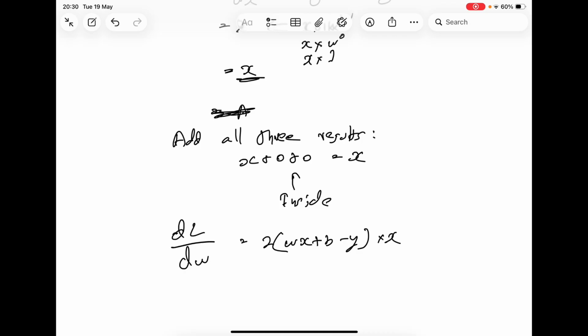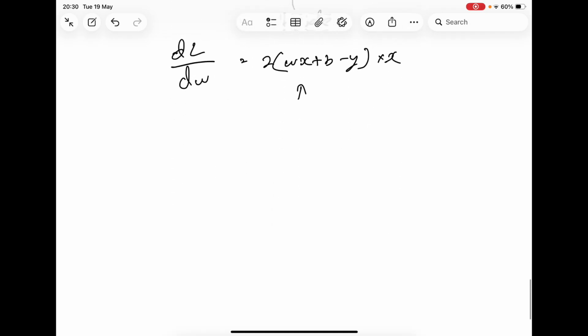Right, now let's plug in some real numbers to this formula, and let's substitute x equal to 2, you already know that, and our w is 3 and the bias is 1 and the real value is 10, right?